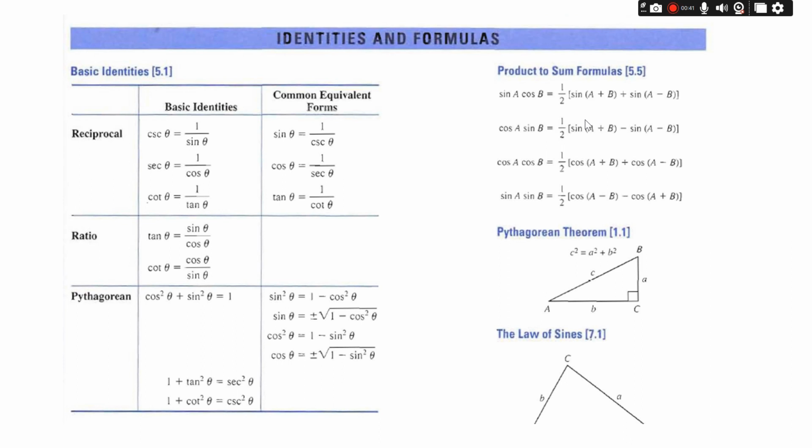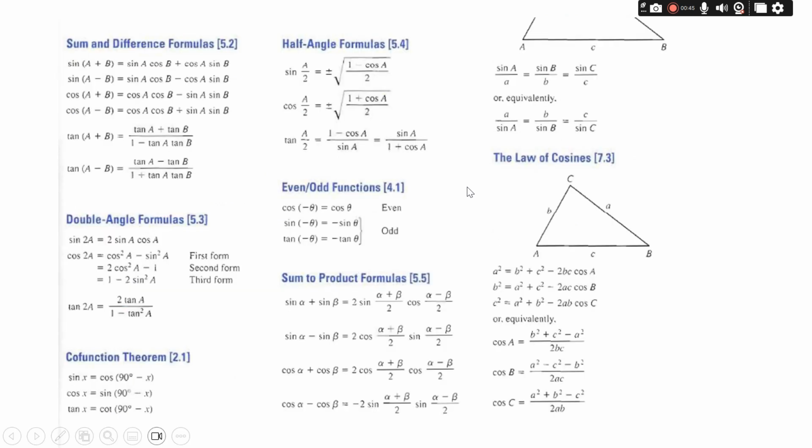Right, and the next one, the second half of the page. Let's see, there it is, okay. So 5.2, some of those we know, the double angles we know, and then there's three forms for cosine. The cofunction theorem, we learned that all in chapter 2. 5.4, the half angle formulas, we learned that last time.